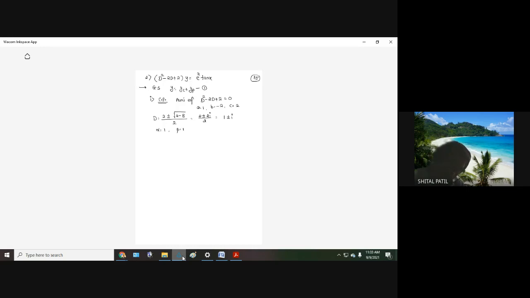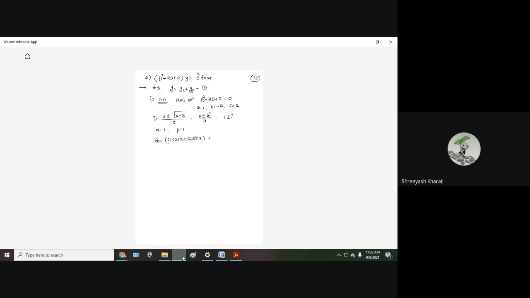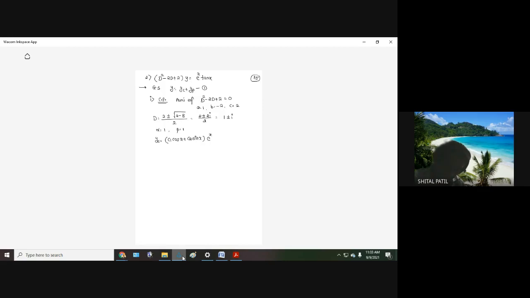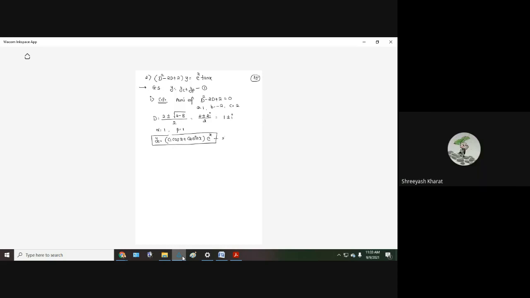So what the y of c is: e raised to alpha x into C1 cos of beta x plus C2 sin of beta x. Continue. Any doubt? No sir, it is correct. Okay.